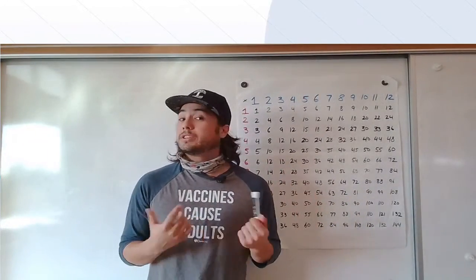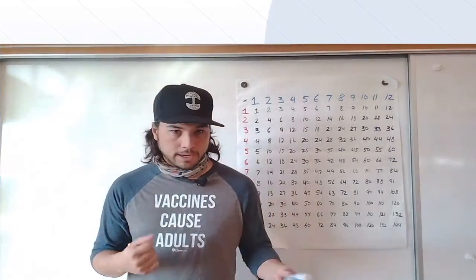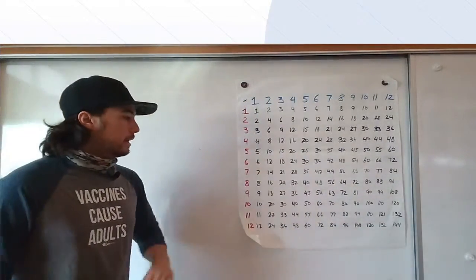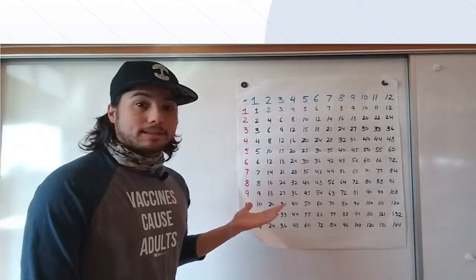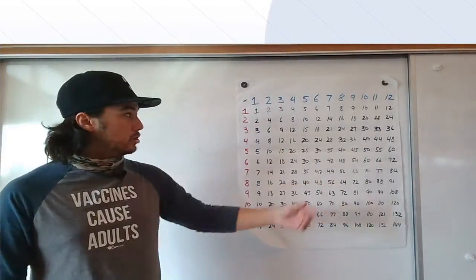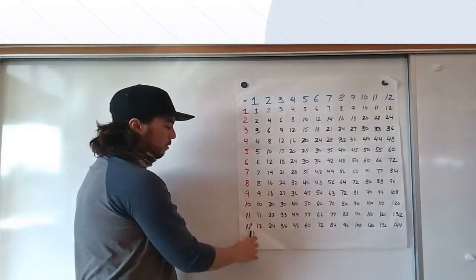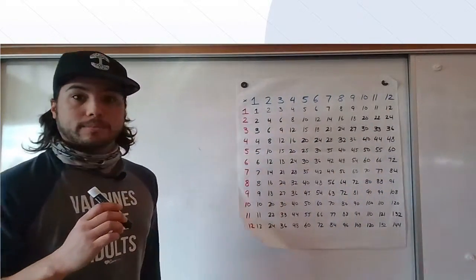Prime numbers is something we talked about last year in 4th grade, but we're going to go a little deeper into it. So just to remind, if we have our handy-dandy multiplication table right here, the only place that prime numbers are going to show up on this multiplication chart are in the ones column or the ones row, okay?